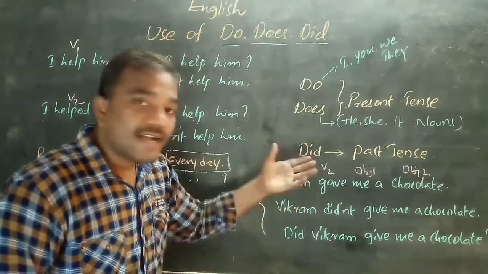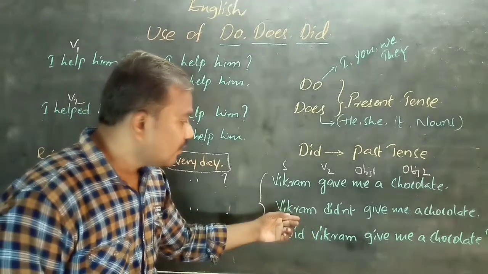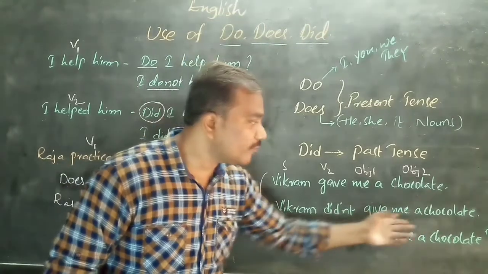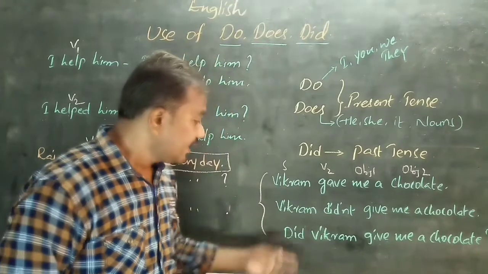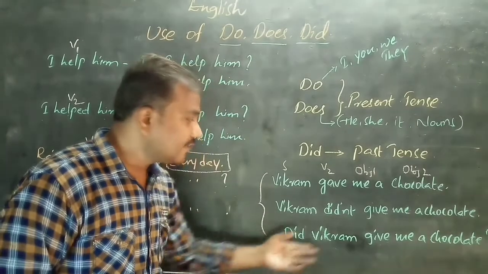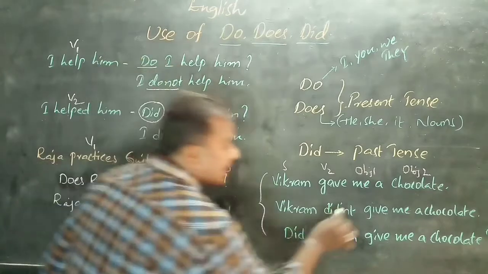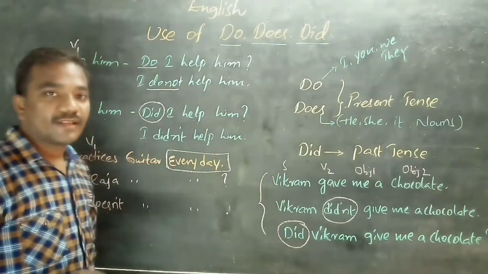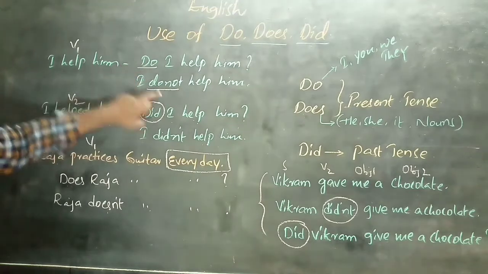So definitely I can convert it into negative. Vikram did not give me a chocolate here. Did Vikram give me a chocolate? Isn't it? See, I used did here, and did here. How to use? Do, do not.